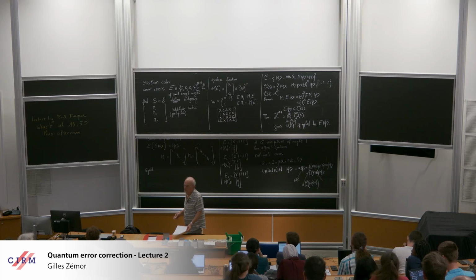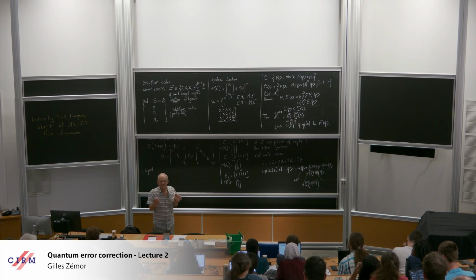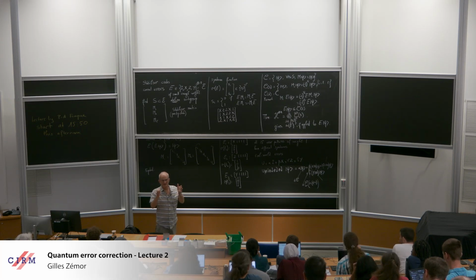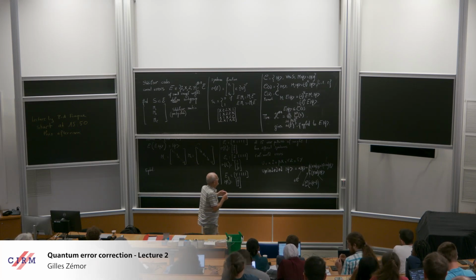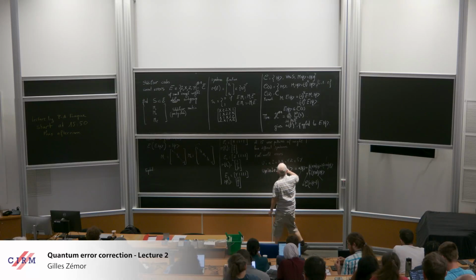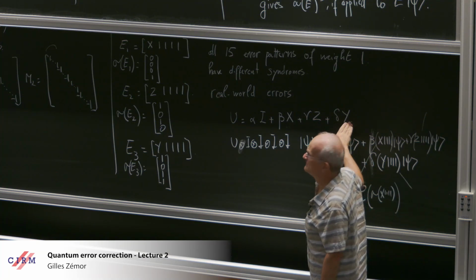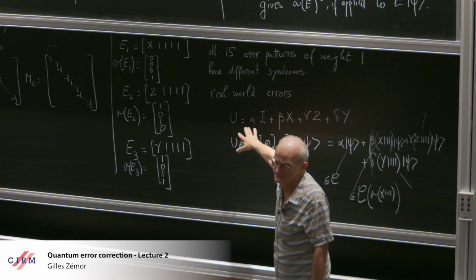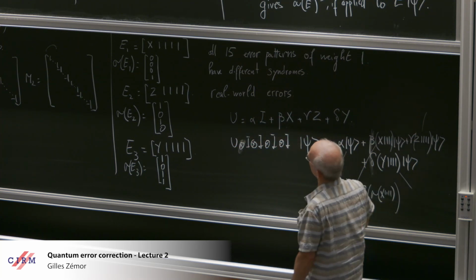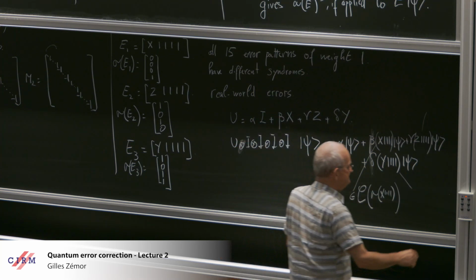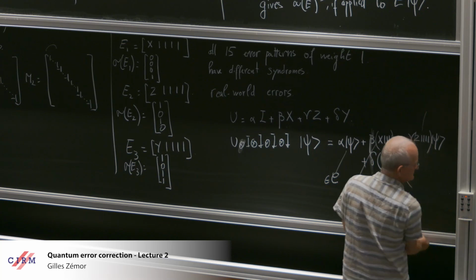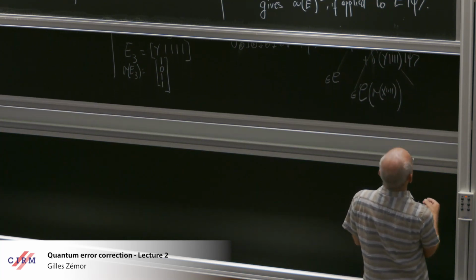It means that we will end up in exactly the same situation that we would end up in if the original error were a pure X error, a pure Z error, or a pure Y error, or maybe no error at all. That's reasonable.